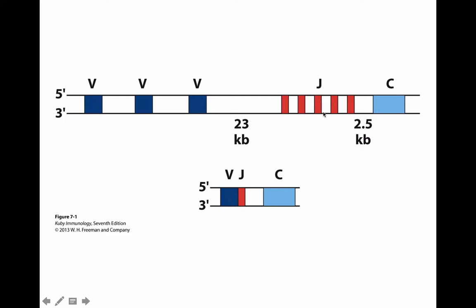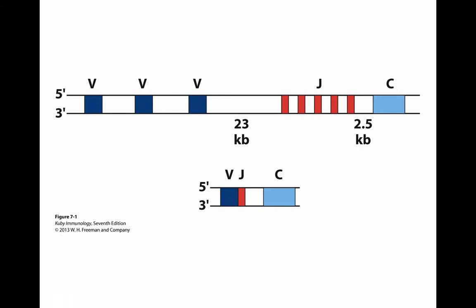And then he also found some of these other genes in here that are called the J, which is the joiner regions. So if you are trying to make a light chain, remember the light chain has a variable region connected to a constant region, and it's a fairly short peptide. So you take any one of these three variable regions and join it with any one of these joiner regions, and then in the second round you would combine that with a constant region, and it could be one of a few constant regions.